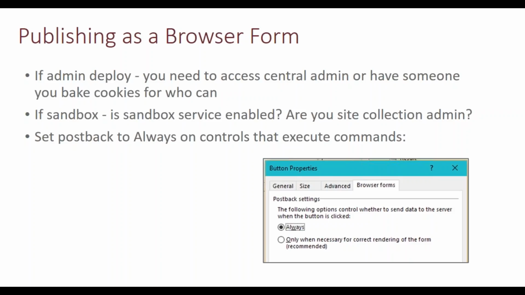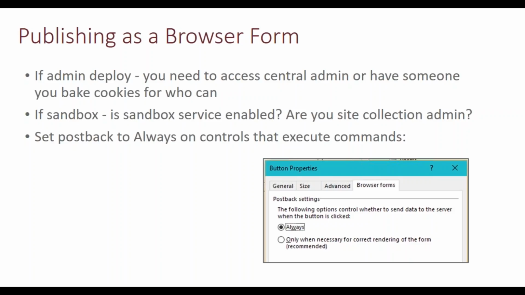If you cannot get it to sandbox enable, publish up to a library, you need to make sure that the sandbox service is enabled, and you must be a site collection admin. One of the things I'm going to include with the webinar materials today is a form with a single line of code in it. qRules forms, when you publish those, don't give you back as good of a message in terms of why it won't sandbox as a form with code will.